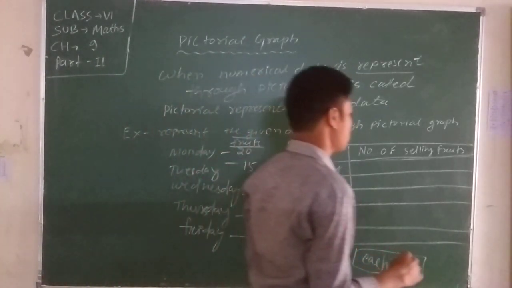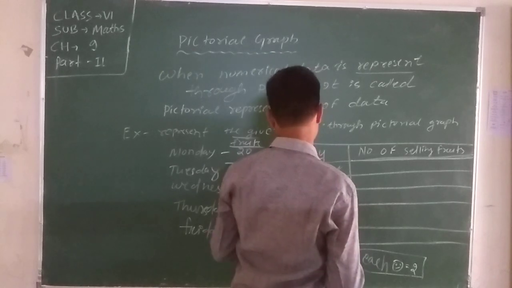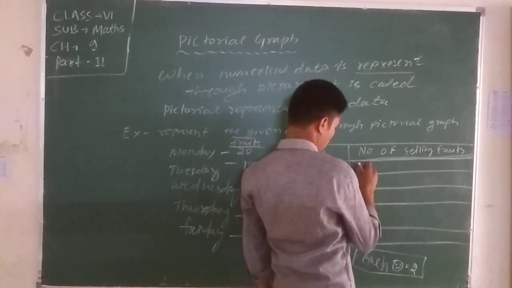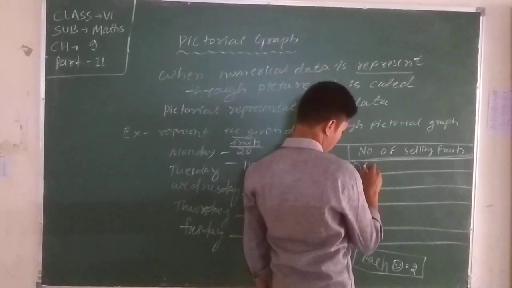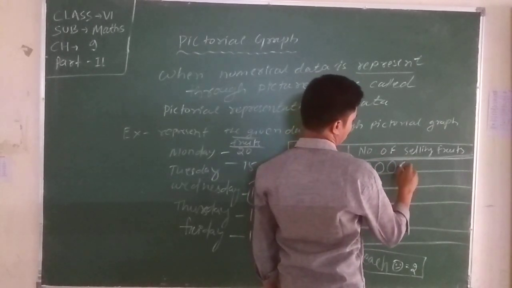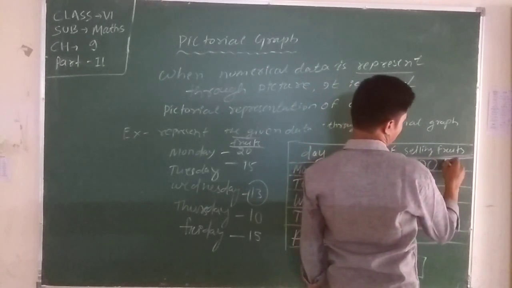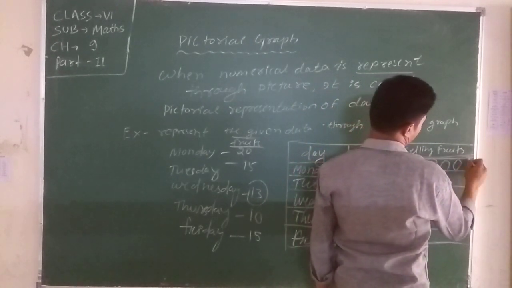Then selling fruits, show here Monday. That means Monday, how many? 1, 2, 3, 4, 5, 6, 7, 8, 9, 10.